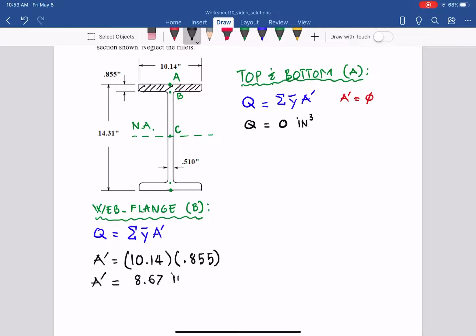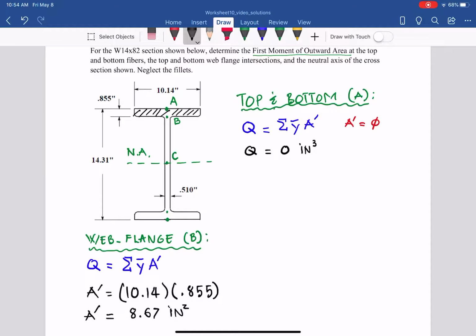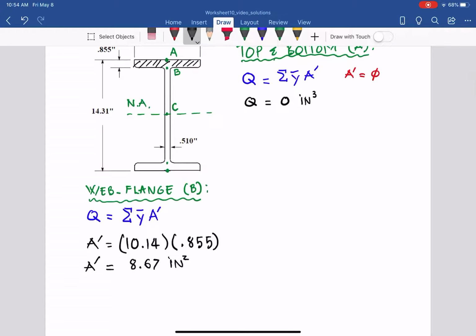So from that one, we have the A apostrophe equal to 8.67 inch square. So from the point of interest to the outermost fiber, so as you can see, point B to the outermost fiber, in this case the top. Okay, so with that we already find out the A, and now y bar. Talk about y bar equal to what?